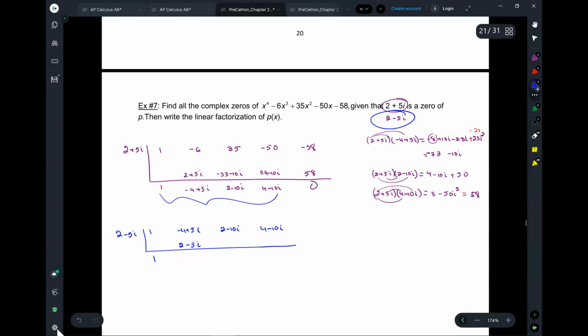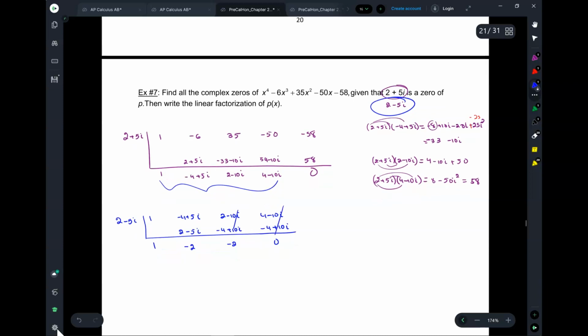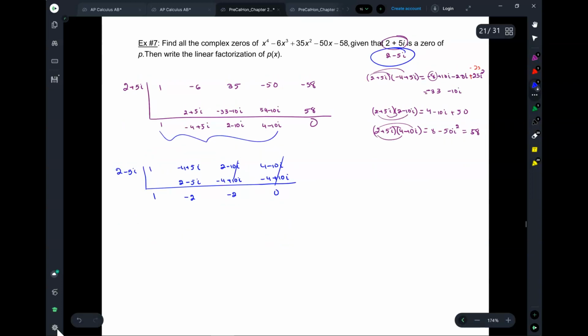Oh my gosh, the 5i's go away, so we just have negative 2. Next, multiply. Negative 4 plus 10i. Oh my gosh, the i's go away. I just have negative 2. Next, negative 4 plus 10i. Oh my gosh, they all go away. I have 0. So what happens? Doing it twice, the coefficients switched back to real numbers. Tell me that's not cool.